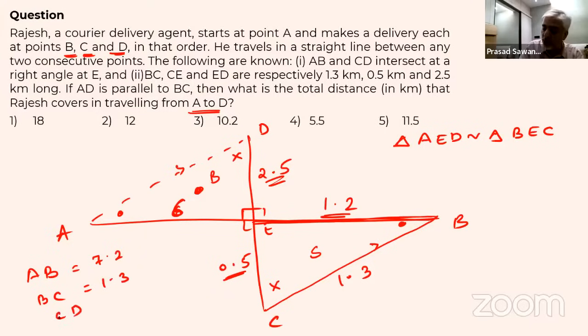And then C to D, which is 3.0. 11.5. Fifth option. I'm sure even after doing everything, somebody will take Pythagoras and try and get this answer. Luckily, that was not in the options. Okay.